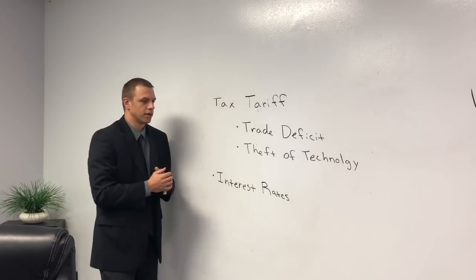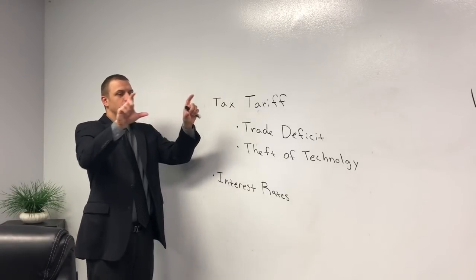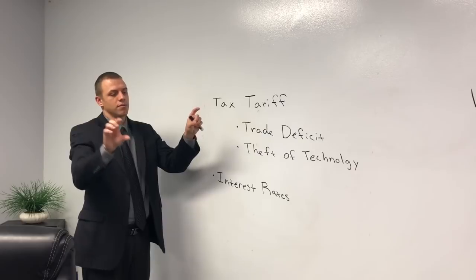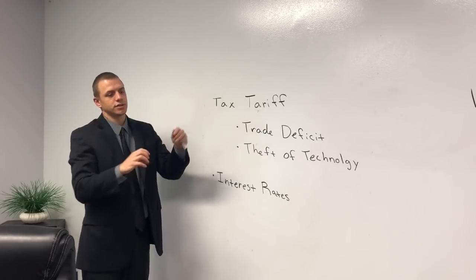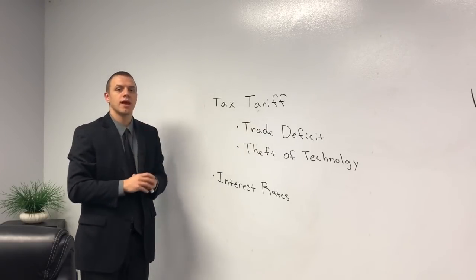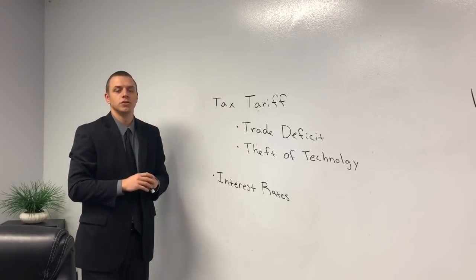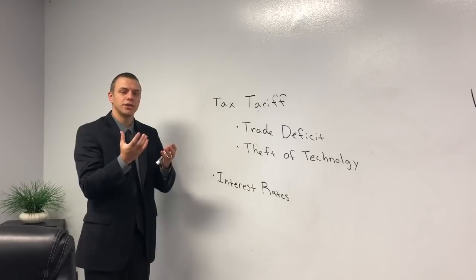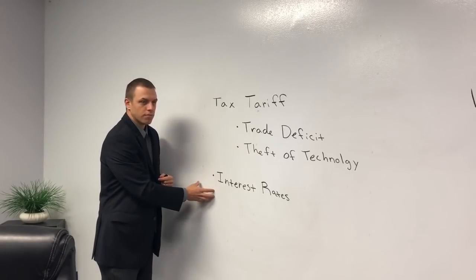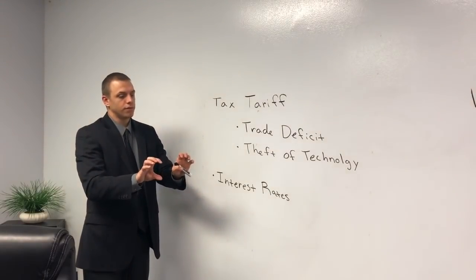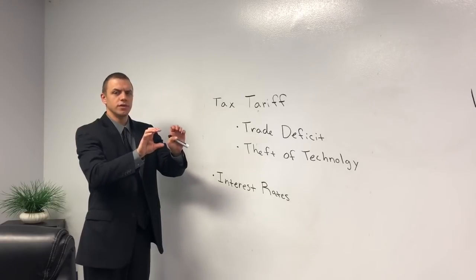So if you have the same number of goods that are being sold in an economy and you're paying less in interest, that means you have more money coming into the economy to buy those goods. So it drives up the price of those goods, which is an increase in inflation. So in order to curb that, what the Federal Reserve does is they increase interest rates.